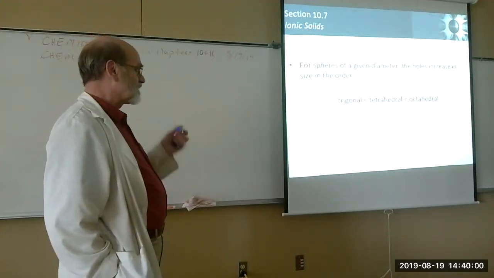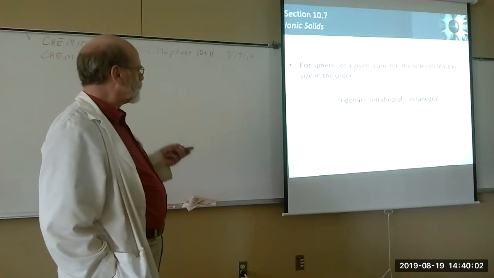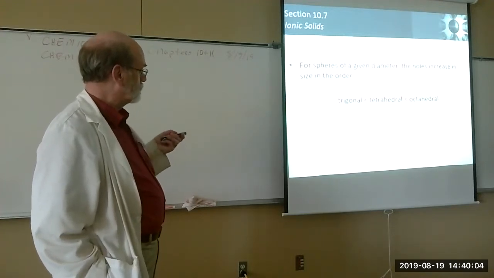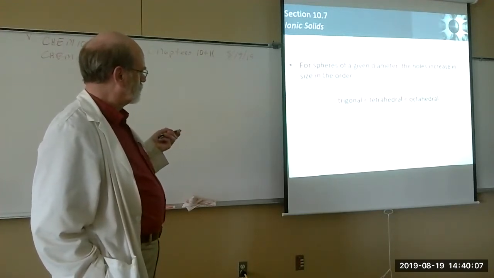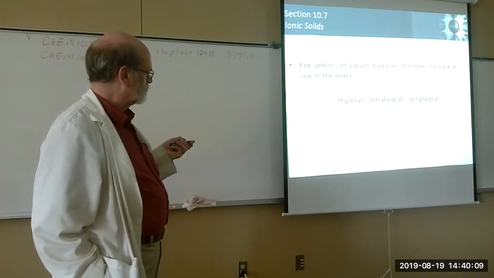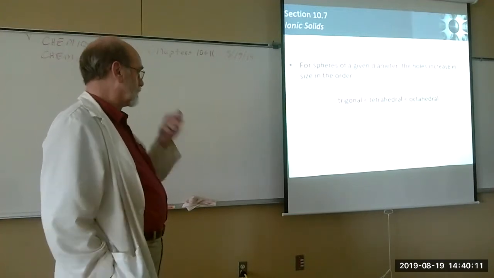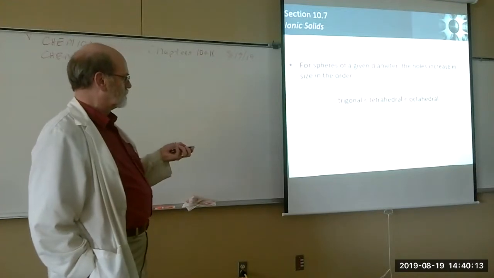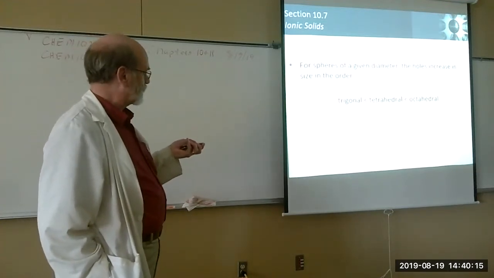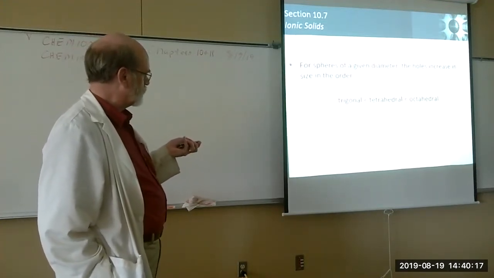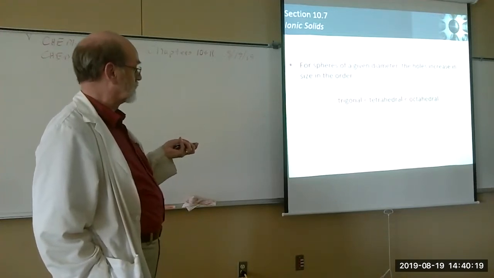So depending on the size of those holes, if you increase the size of the holes, then you go from trigonal to tetrahedral to octahedral. So the bigger the hole, the more complex. Only 3 together here for this very small spacing.